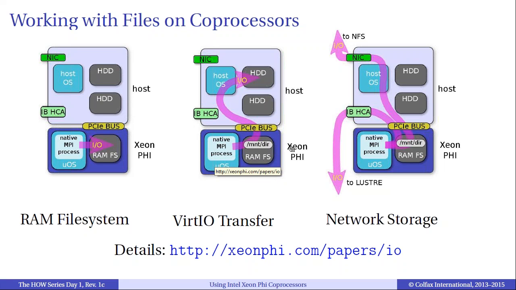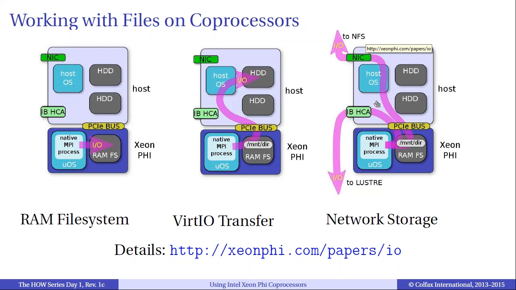You can also use network storage on Xeon Phi, and specifically it supports NFS, network file sharing. This is a standard Linux distributed storage, which is really easy to configure.